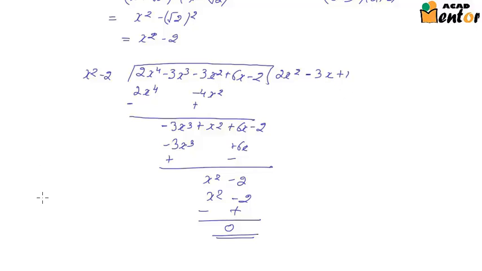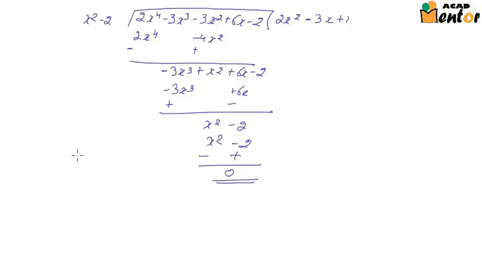Our original polynomial, let's call it p(x), can be expressed as p(x) equals this divisor x square minus 2 multiplied by the quotient, which is 2x square minus 3x plus 1.